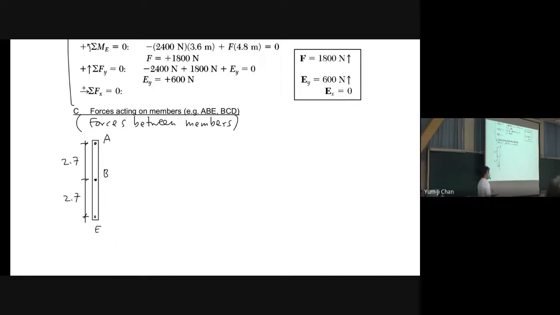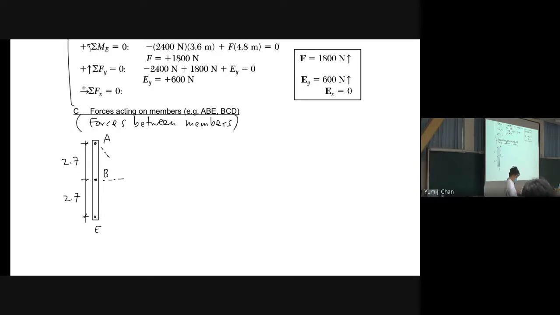In this problem, at point A, we have ACD connecting, right? And we have BCD connecting at point B. Now, you may want to guess the direction of forces, but in working with frames, we do not need to do this.